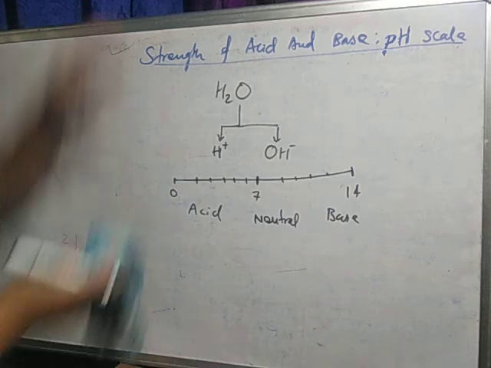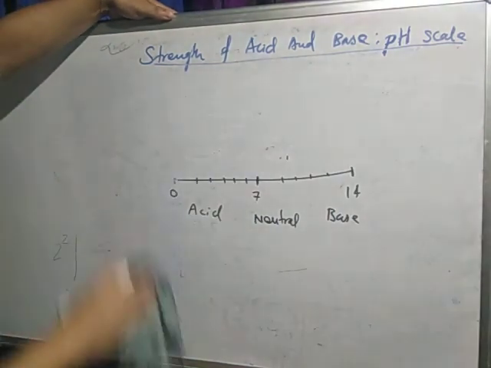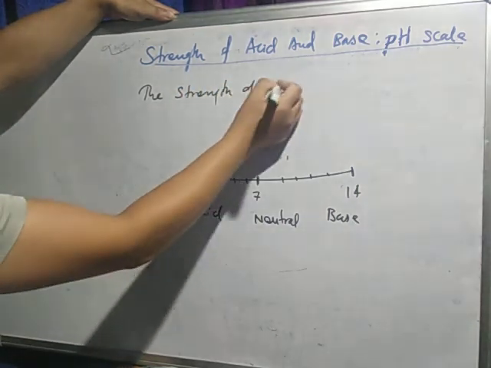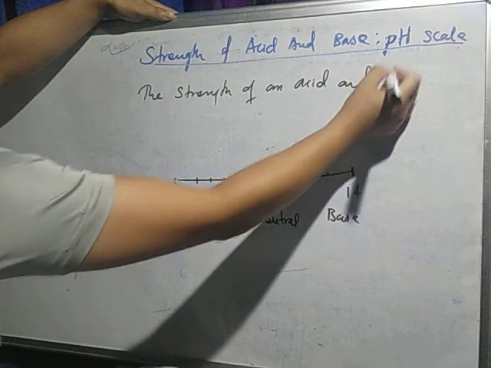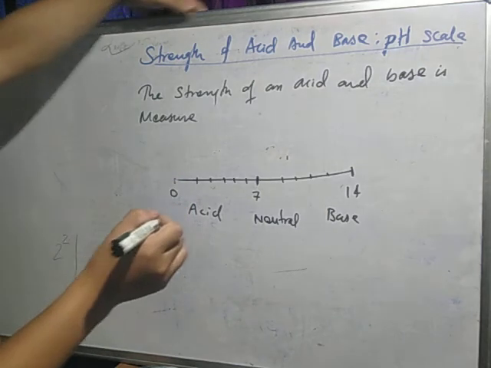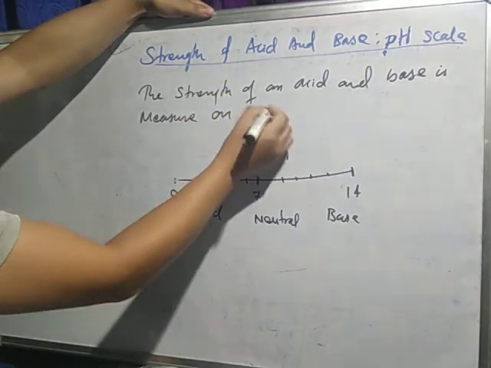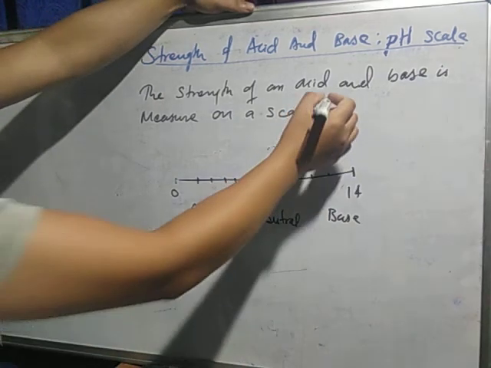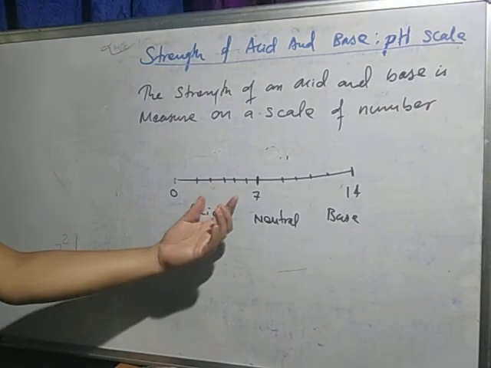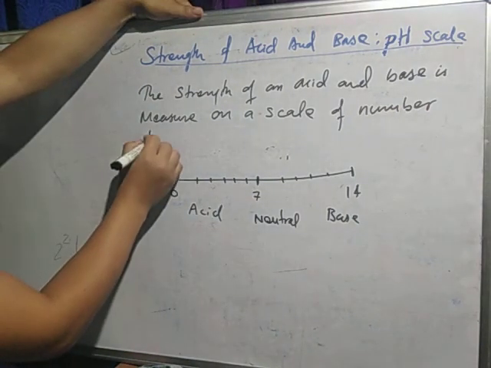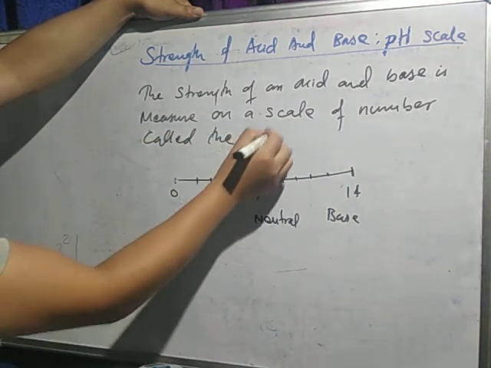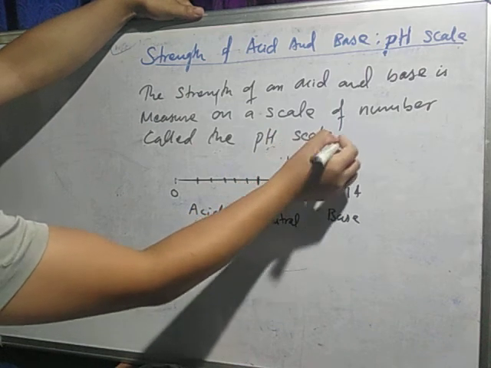Okay, so write down: the strength of an acid and base is measured on a scale of number called the pH scale, clear?